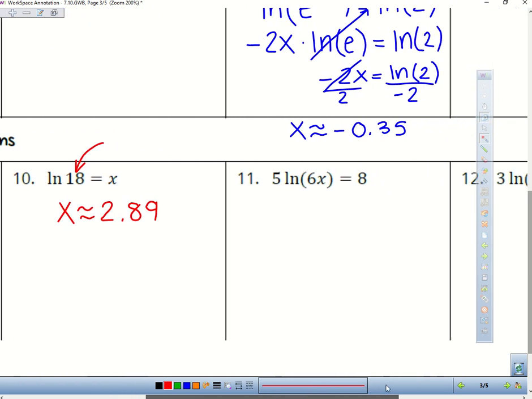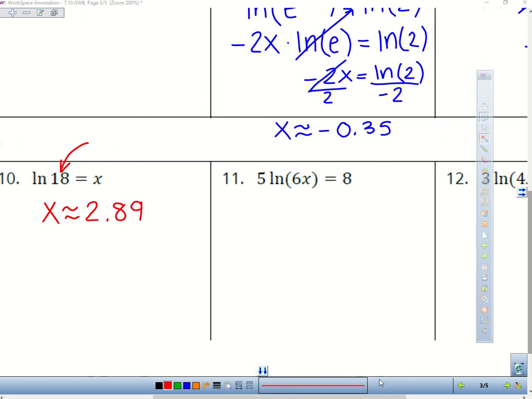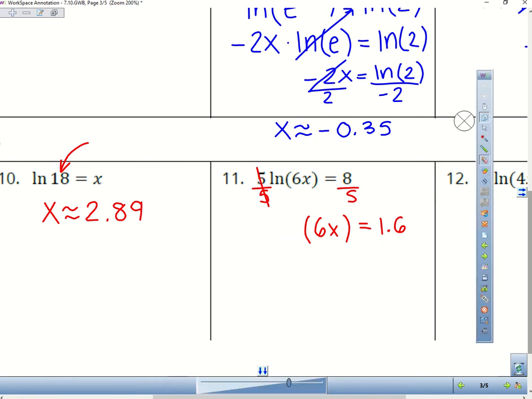First thing I need to do here is to get the ln by itself. Divide both sides by 5. So 8 divided by 5 is 1.6, and it's not rounded or anything, that's just what it is. Now I need to rewrite my log with its base in place.